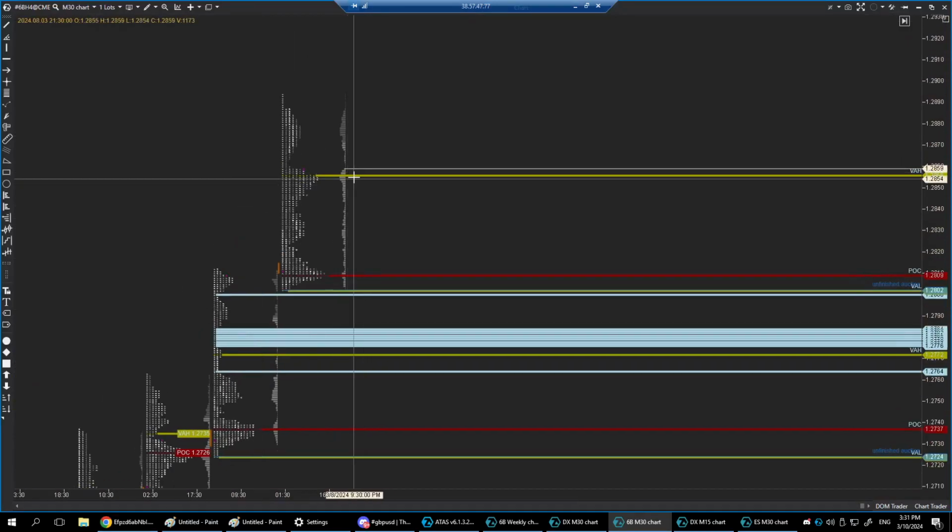First, I'll just note the value area for Friday. So that would be 28.51 to the low to 28.